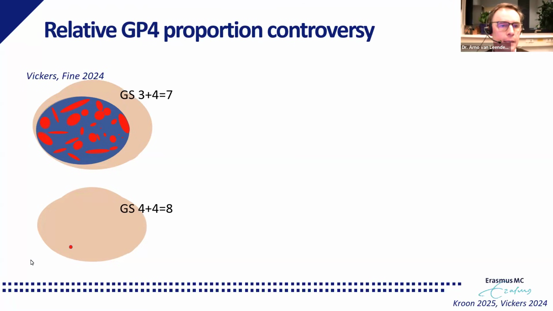And just in theory, and I borrowed those pictures from those publications, if you think about a radical prostatectomy with Gleason score 7 looking like this, where you have a large amount of pattern 4, but a little bit larger amount of pattern 3, that would be called Gleason score 3+4 is 7. However, if you would have a very small tumor with only pattern 4, by definition, we would have to call it Gleason score 8. So this patient, however, has far less pattern 4 than this one, if you look at absolute quantities.